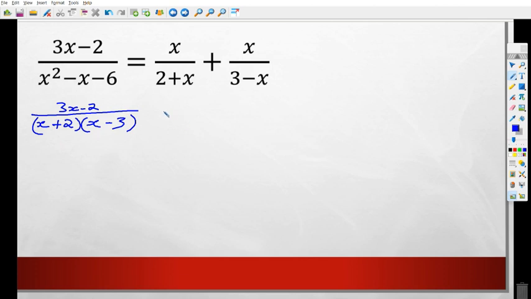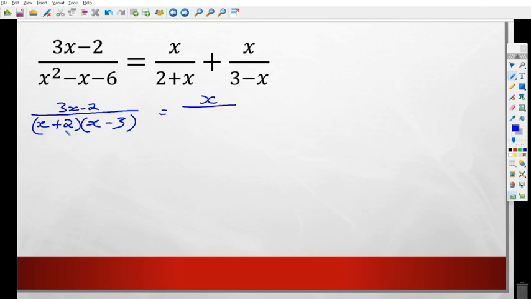Easy. Now, this LCD, I want it on this side. I want to try and get these brackets in the same kind of format as this. Can you see that they're not exactly the same? This is x over 2 plus x, but this is an x plus 2.